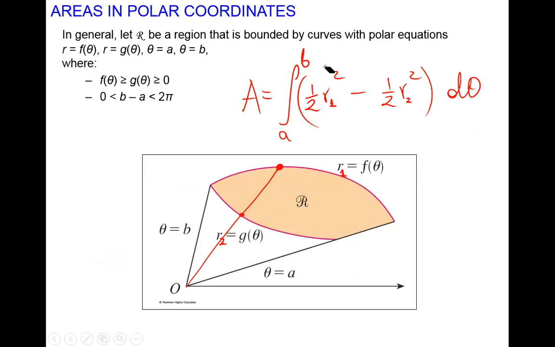We have to follow the same formula, 1/2 r squared, 1/2 r squared. But this one corresponds to the longer radius, and this one minus the shorter one. Longer minus shorter, we will just get the difference. I mean, we will just get the area between. Okay?